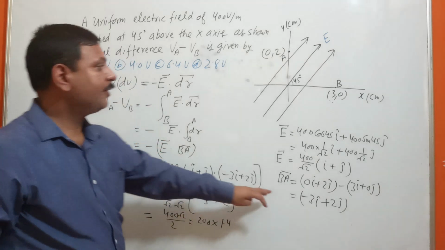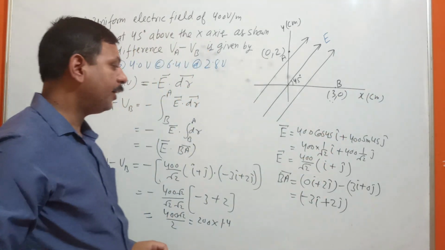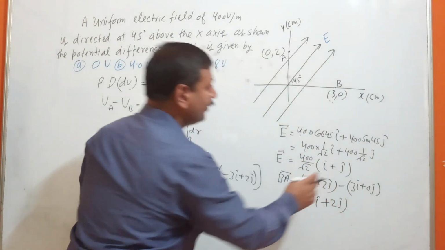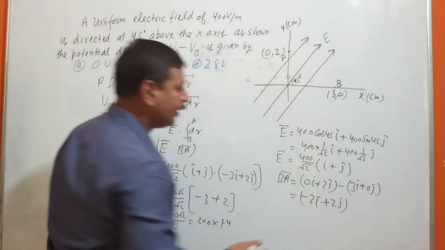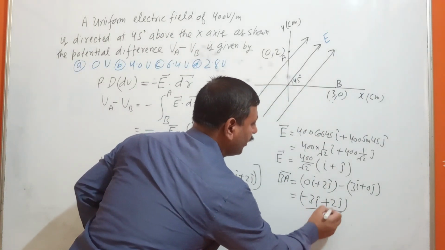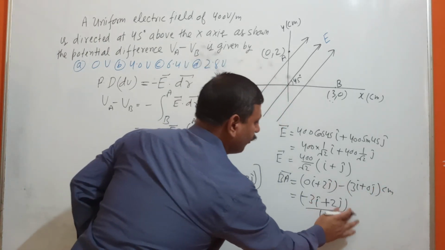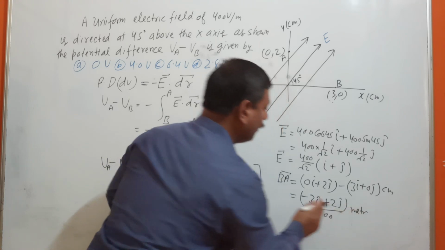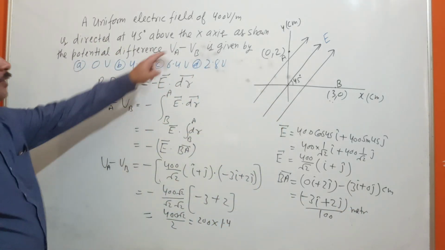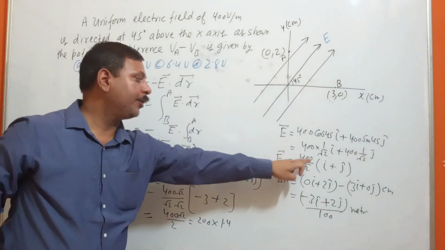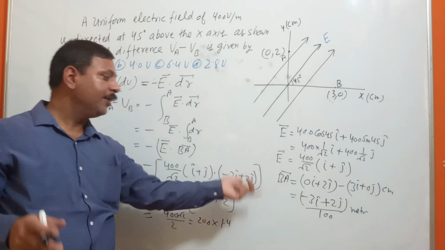Suppose this is in centimeter, they have given the x and y coordinates in centimeter. If you want to convert into meter, you have to divide by 100. Since the field is in volt per meter, you have to take the displacement vector in meter.